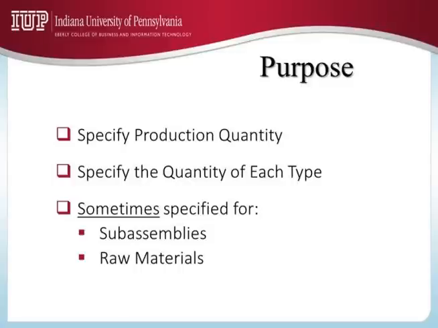Master schedule is for typically end items, but sometimes for sub-assemblies and raw materials, like we will see with some examples. But in MRP, the next level, you plan for everything, from end items to sub-assemblies to components to raw materials. So that is the purpose of the master schedule.